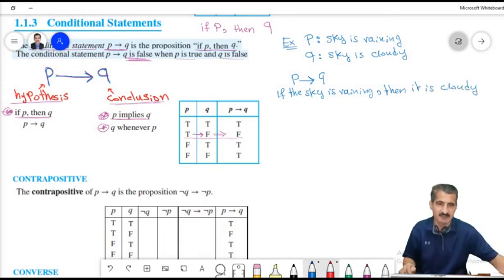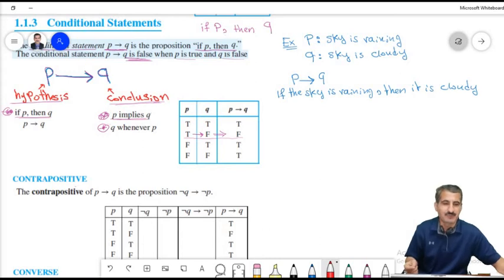And that statement is true, right? Okay. So true gives true. If it is true that the sky is raining, then it is cloudy.